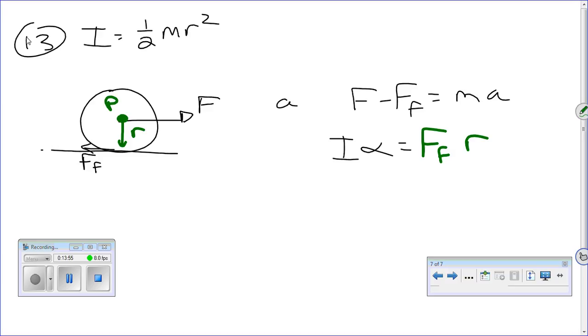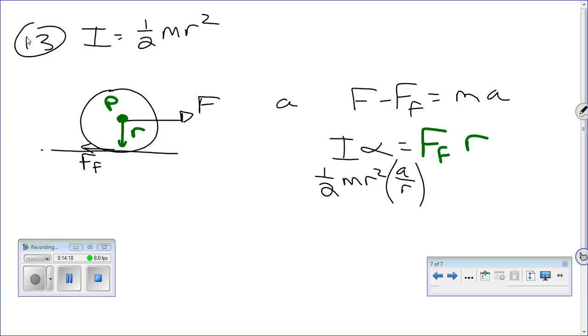All right, so let's do a couple little substitutions here. Our I is 1/2 MR squared. So 1/2 MR squared times alpha, which is really A over R, right?